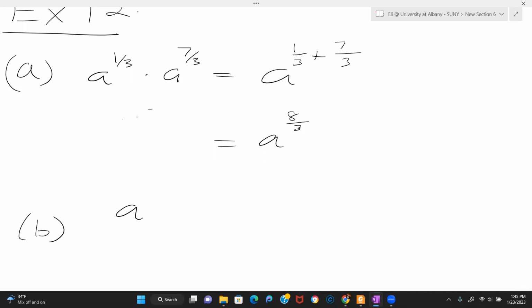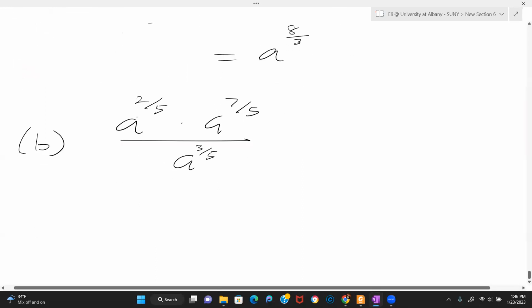So we have a to the 2/5 times a to the 7/5 over a to the 3/5. First, you can deal with the numerator, and we know how to deal with that. It's going to be a to the 2/5 plus 7/5, and then divided by a to the 3/5.